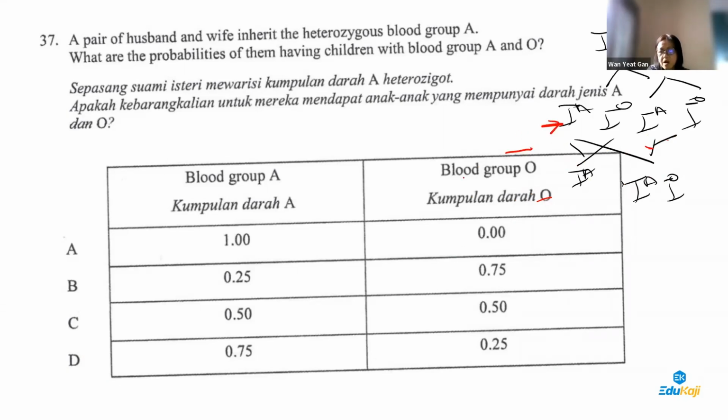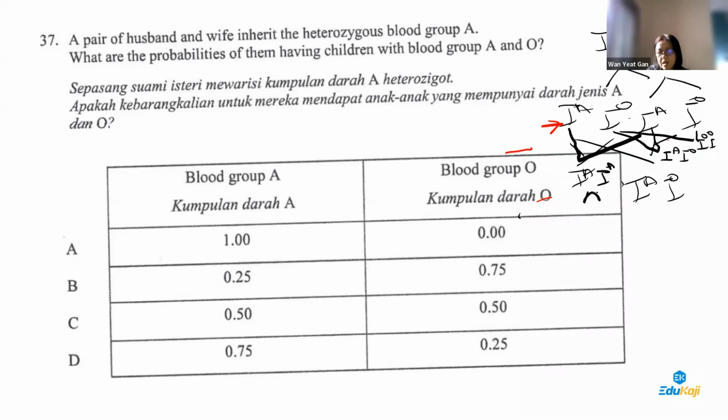And then you do the crossing, so you will get, so this one and 3 you get IA, IA, and then 1 and 4 you get IA, IO, then this one and this one you get IA, IO, and finally IO, IO.